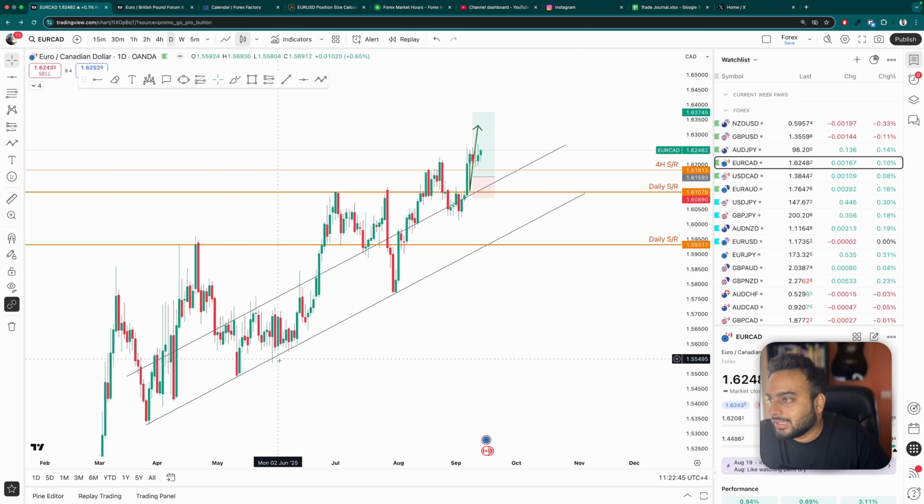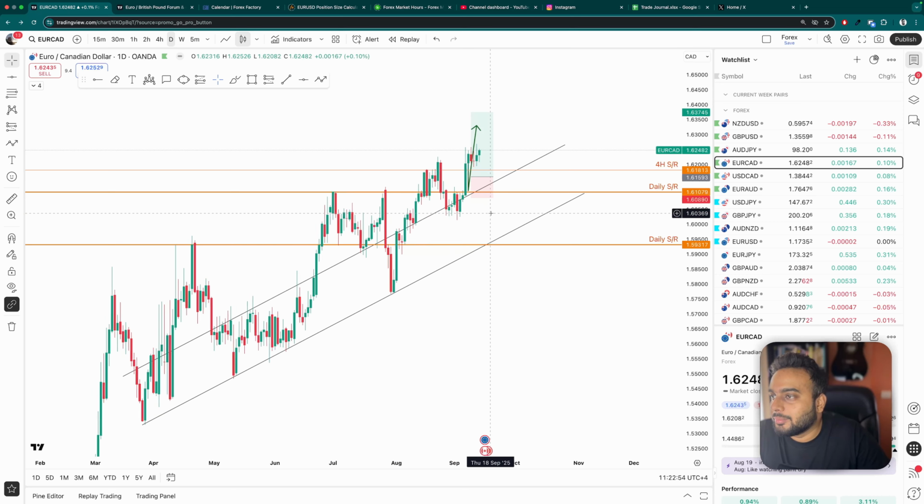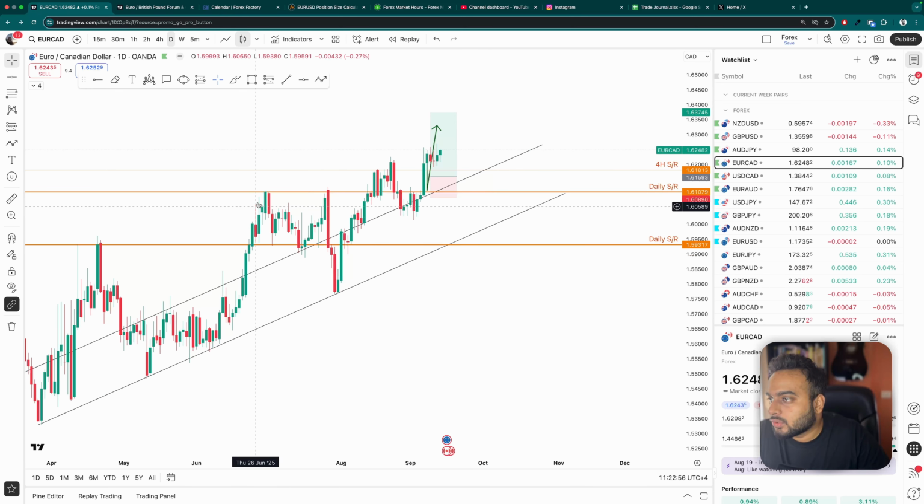I can see one thing: whenever it consolidates, there is a shift of structure over the smaller time frame coming. So again, see, it came first here and then moved down here, and then it came back again here to move down nicely again, right? So something similar is happening again.